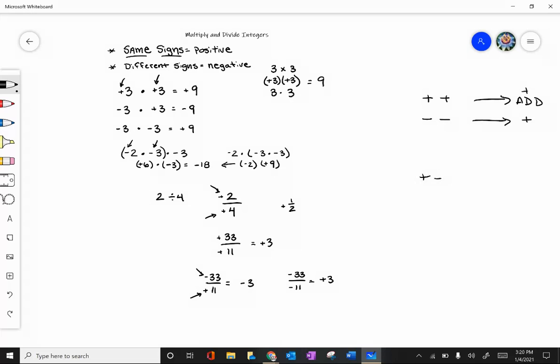But when the signs are different, it's subtracting. So I guess if you picture it as adding being like positive, so if the signs are the same, you add them and it's positive. When the signs are different, you subtract them and it is negative.